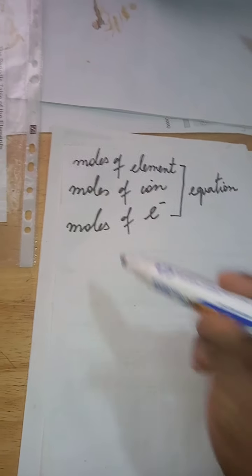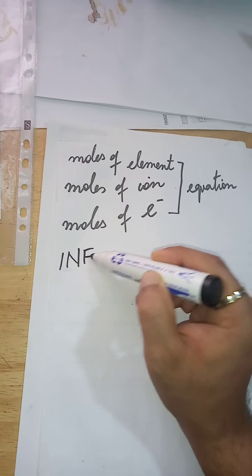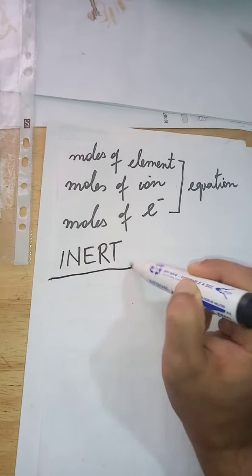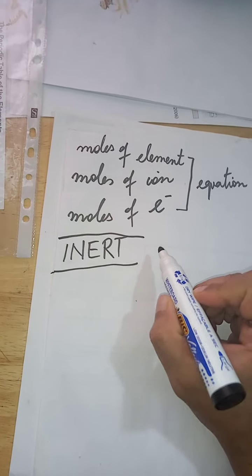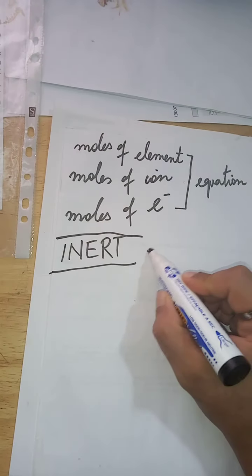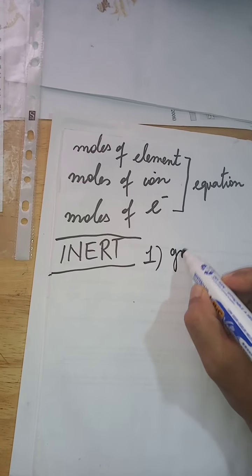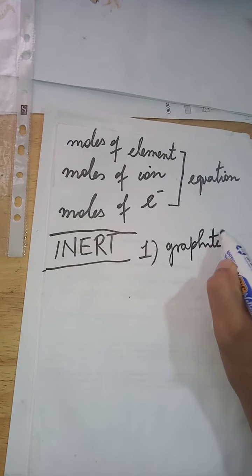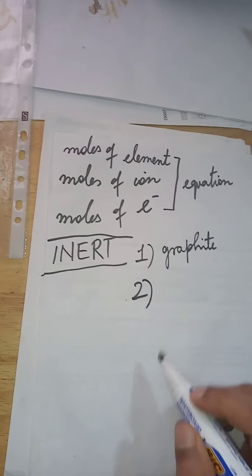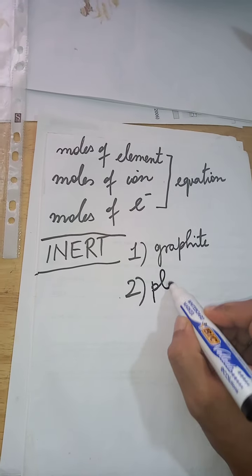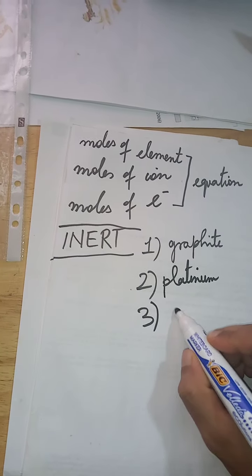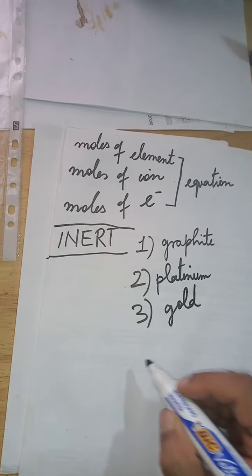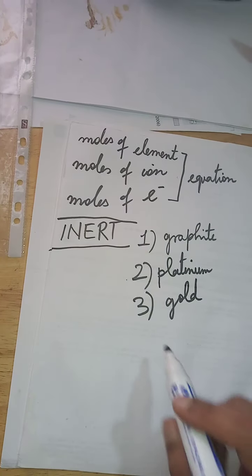But some materials are inert. They do not get affected by electric current, and that's why they're used as electrodes. So the first one is graphite. Well, graphite does dissolve in aluminium electrolysis, but I'll get to that later. Then you've got platinum. Platinum's the top choice. Then you've got gold. Gold isn't used very much because a lot of it would be required to build up an electrode.